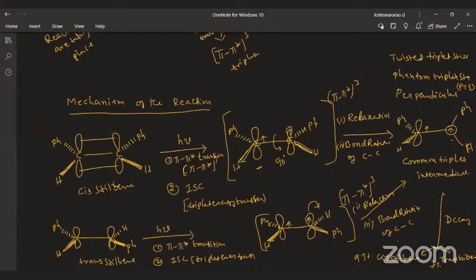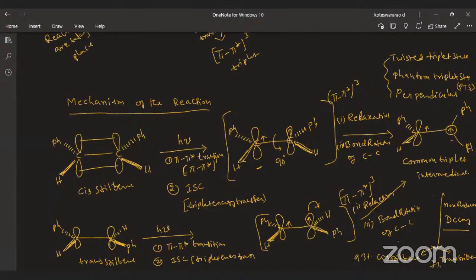Then this twisted triplet state, or phantom triplet state, or perpendicular triplet state, undergoes non-radiative decay. This decay is called non-radiative. Non-radiative decay leads to the formation of 93% of the cis isomer and 7% of the trans isomer.